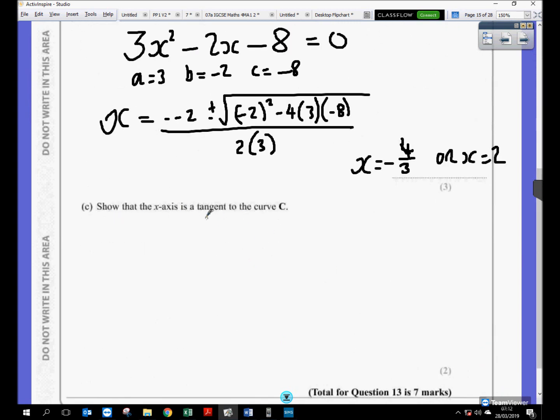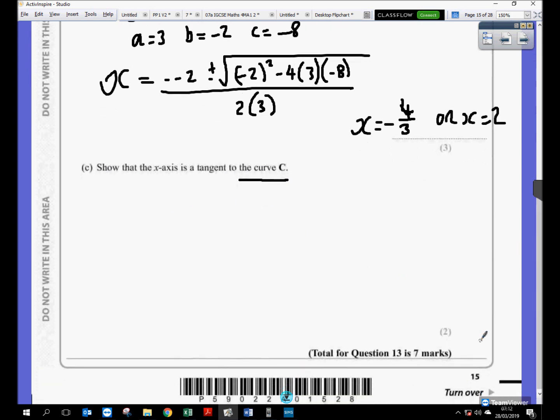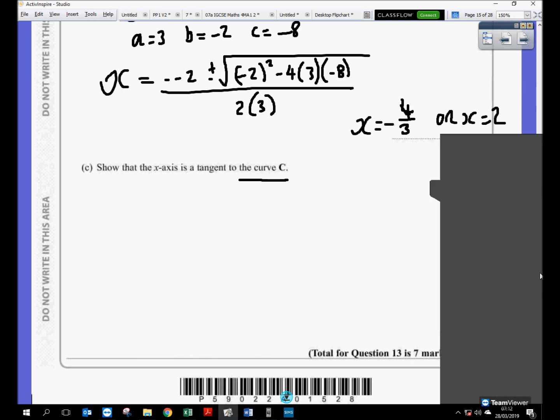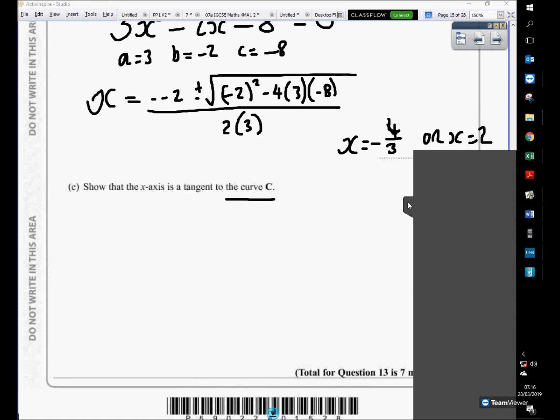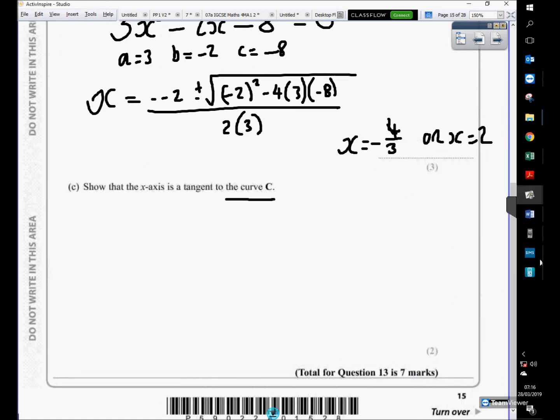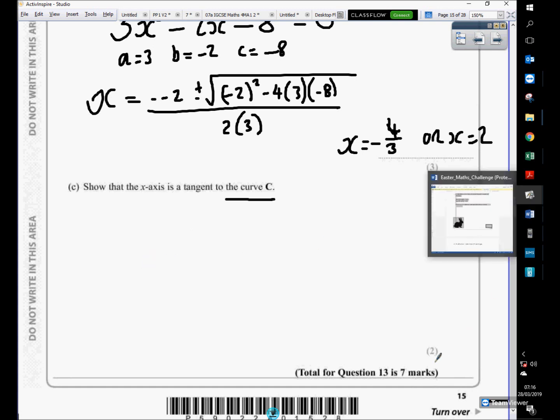So when it says tangent to the curve C, what it means is, okay, so with this question, we need to show that the x-axis is a tangent to the curve at C.